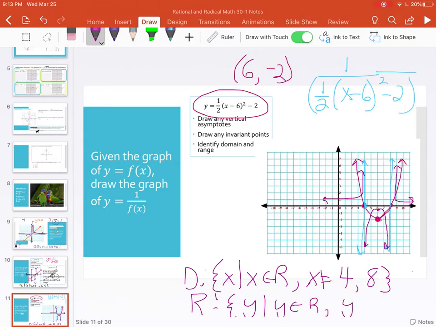However, y cannot equal 0. Okay, and you could draw your invariant points on this graph too. They're going to be when y equals positive 1. I didn't do a very good job of drawing this. So there's 2 places there, and when y equals negative 1. There'd be 4 invariant points on this graph.